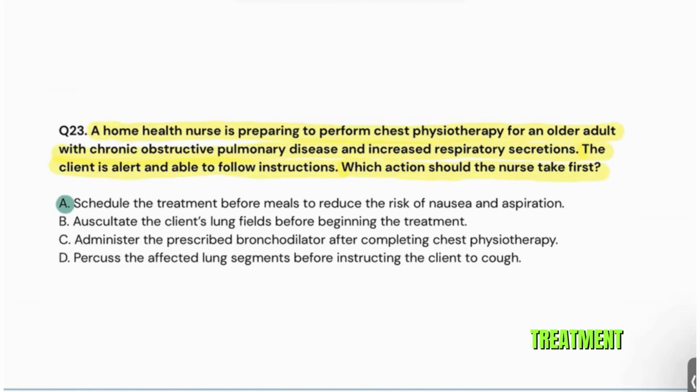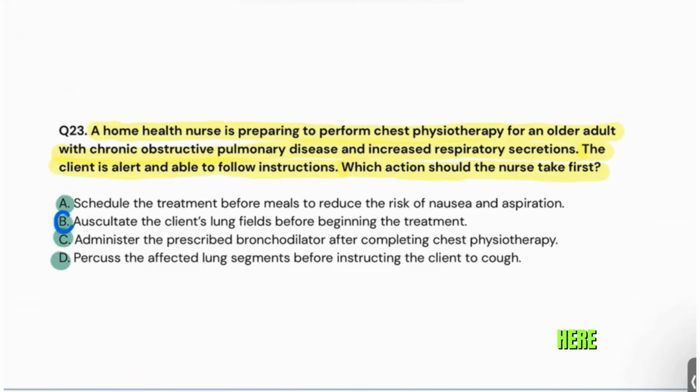A. Schedule the treatment before meals to reduce the risk of nausea and aspiration. B. Auscultate the client's lung fields before beginning the treatment. C. Administer the prescribed bronchodilator after completing chest physiotherapy. Or letter D. Percuss the affected lung segments before instructing the client to cough. Pause the video again.